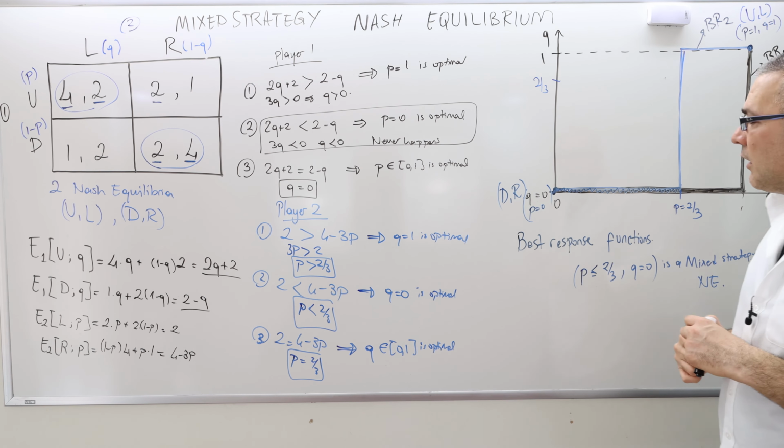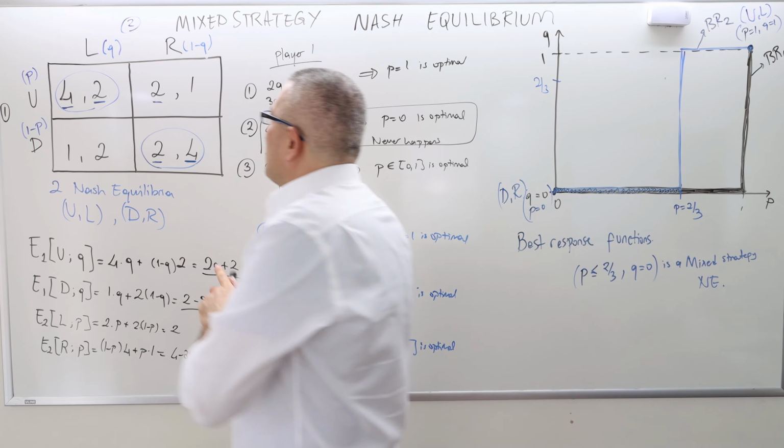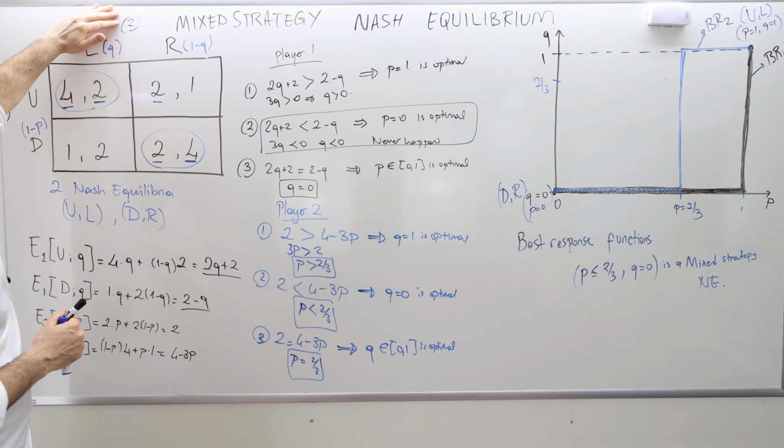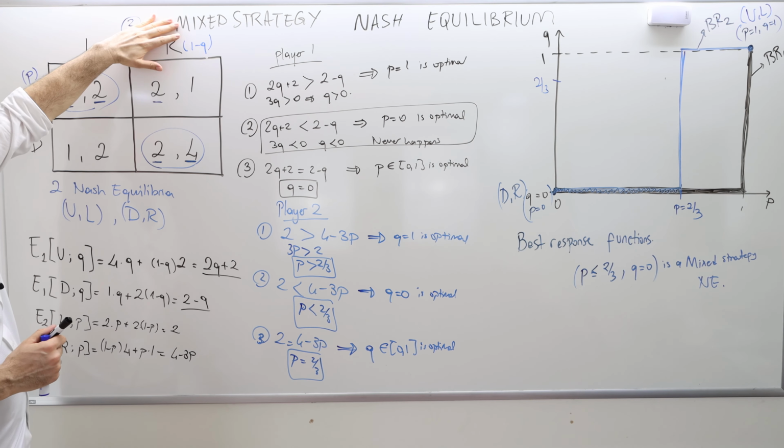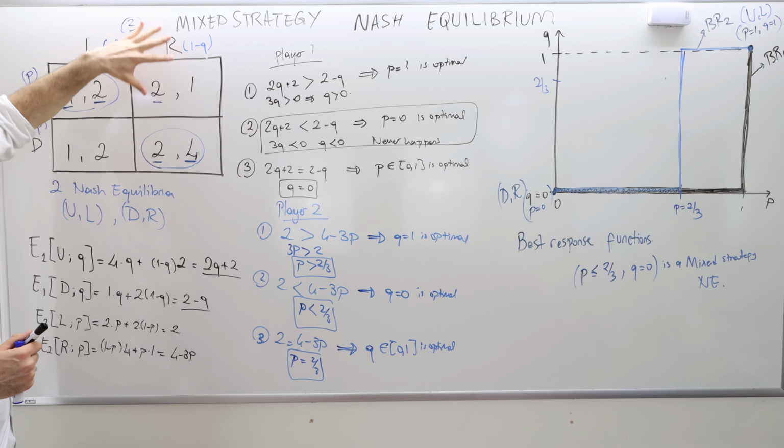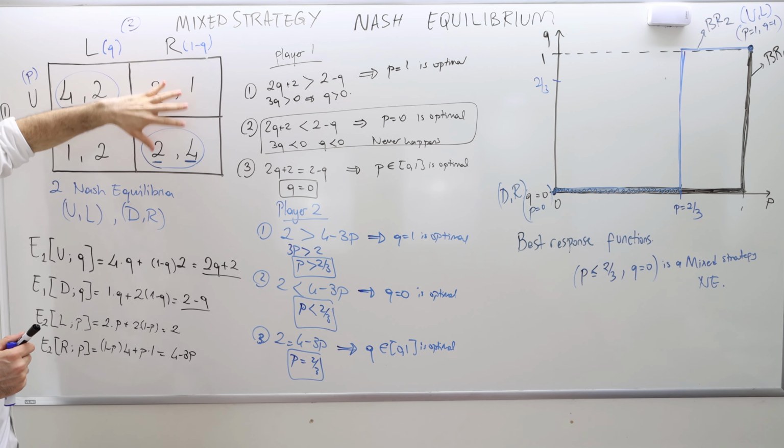So that means in a mixed strategy, player 2 is not going to play L, but in fact he's going to play R. So player 2 is playing R. This is what Q equals 0 means.